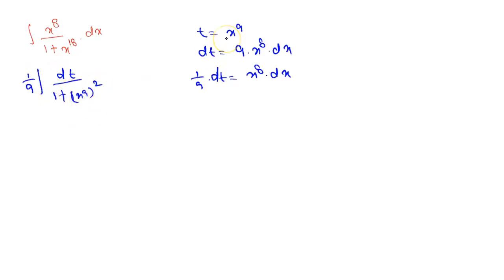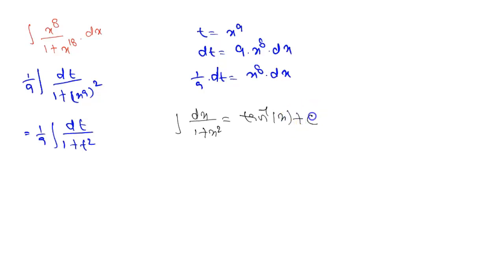x power 9 is replaced with t. So it is equal to 1 by 9 integral dt by 1 plus t square. In general, we have the formula: integration dx by 1 plus x square is equal to tan inverse x plus c.